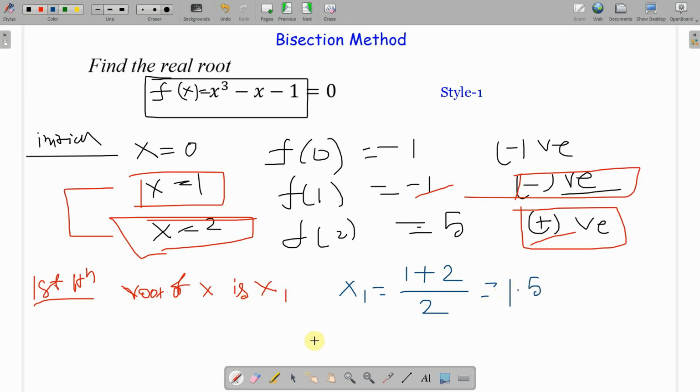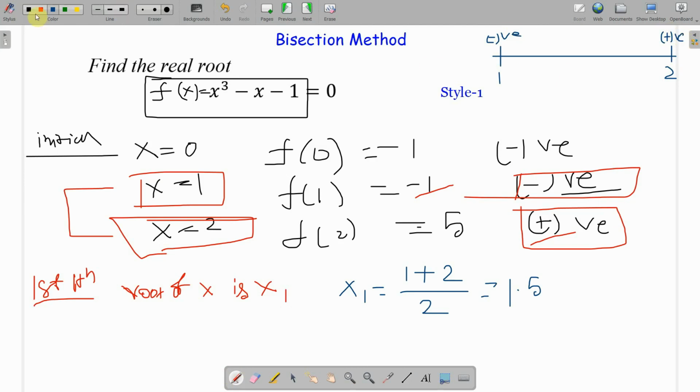Write this down after this. So I know 1 is giving you a negative value and 2 is giving you a positive value.